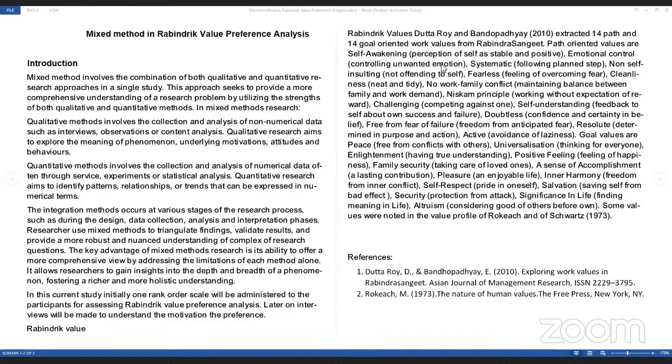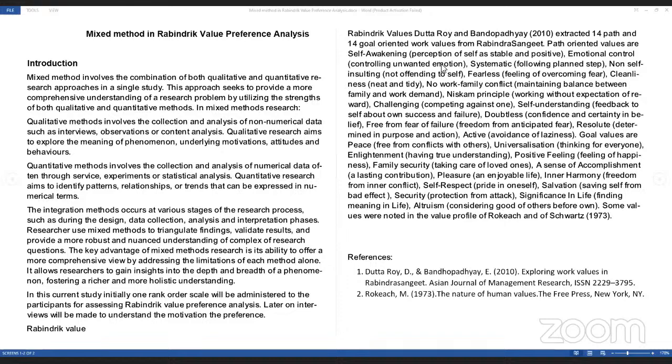Goal values are peace, that is free from conflicts with others. Universalization, thinking for everyone. Enlightenment, having true understanding. Positive feeling, feeling of happiness. Family security, taking care of loved ones. A sense of accomplishment, a lasting contribution. Pleasure, an enjoyable life.